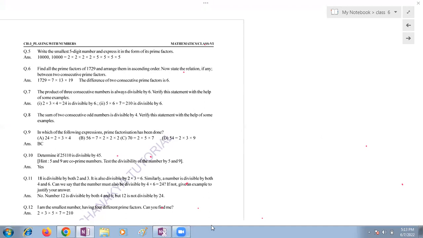Children, this way you can build some more divisibility rules using the same technique. And now the next part you can see. Co-prime numbers are important. What are co-prime numbers? You know very well.